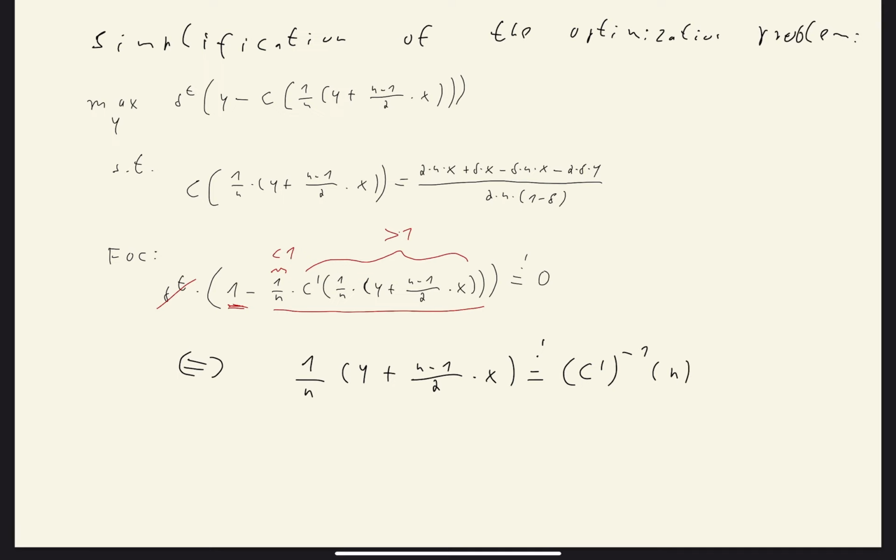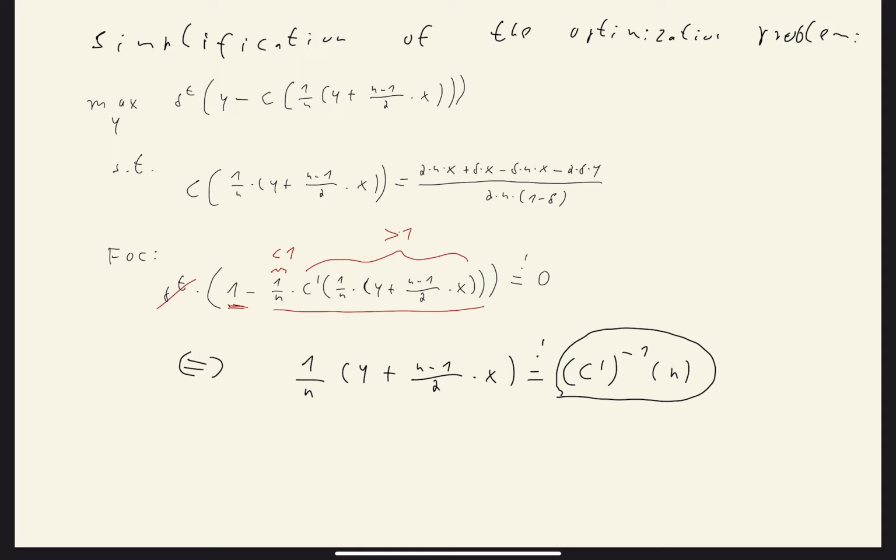And we can use the inverse of the marginal cost function, because the cost function is strictly convex, which means that the slope of the cost function, so the marginal cost function itself, is also a strictly increasing function, and a strictly increasing function always has a unique inverse.